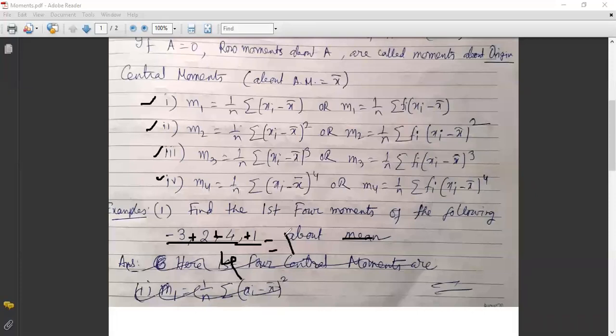See whether I did it correctly. 4 by 4. So first of all you have to find the mean.